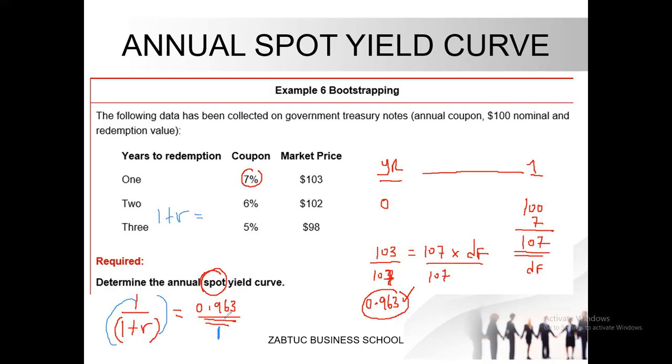I turn this one, what does it become? It becomes 1 over 0.963. Please, can somebody now give me my answer here? 1 divided by 0.963. What is the answer? 1.038.